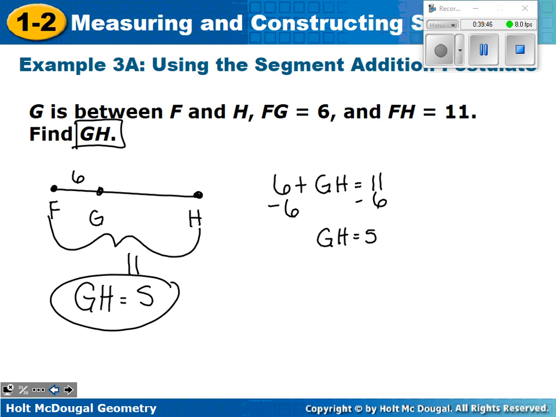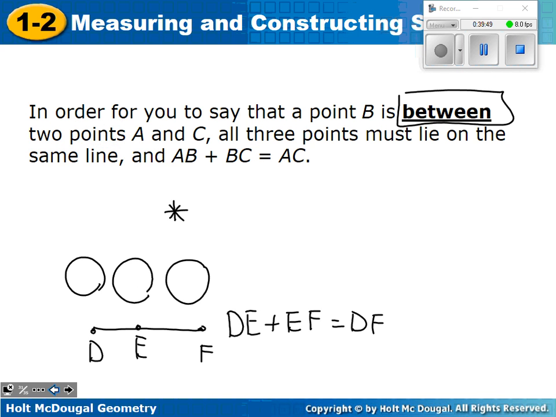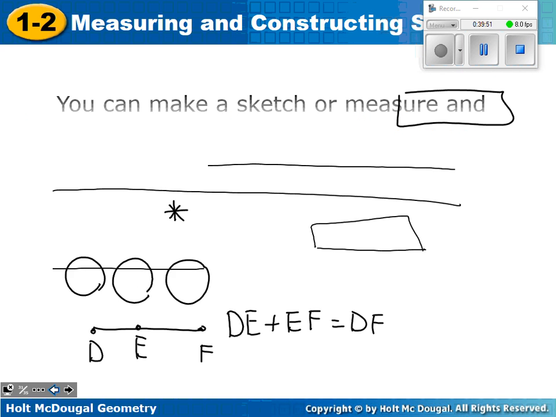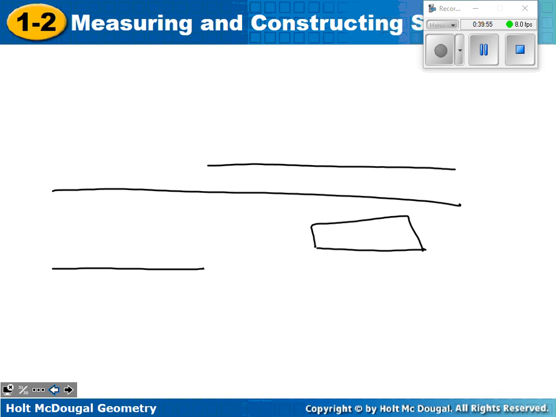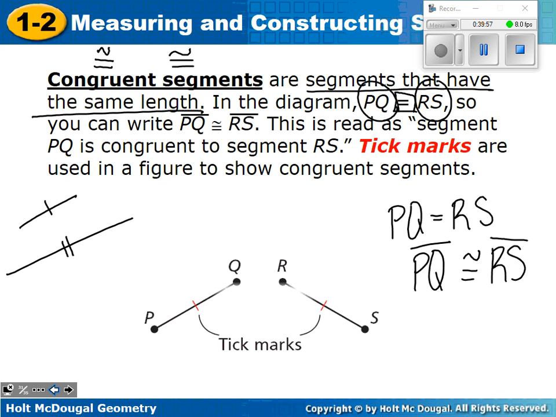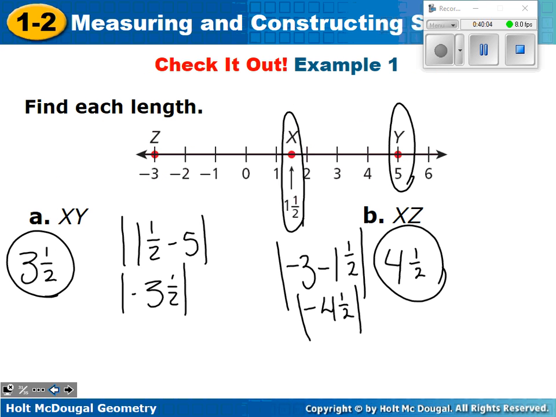Find the problem on your page that says something about the checkpoints. Okay, so, oops, that's not what I want to do. The map shows the route for a race.